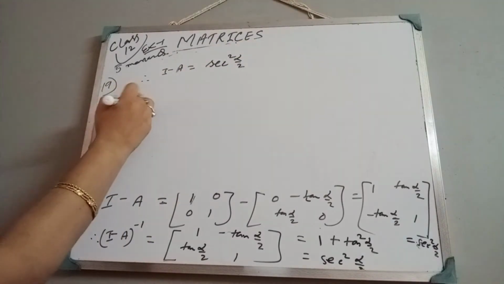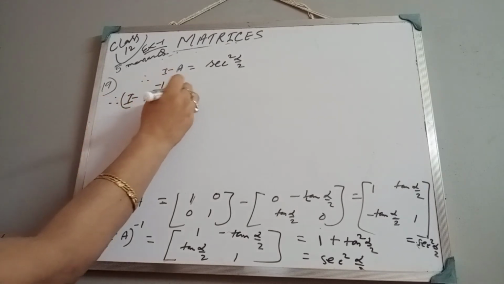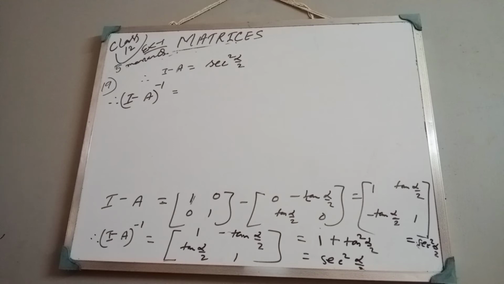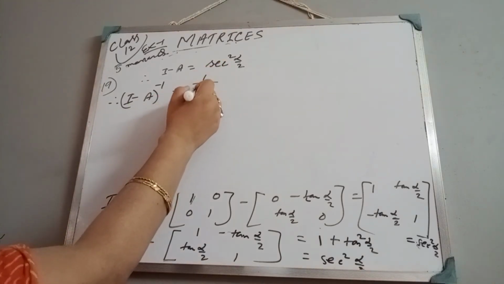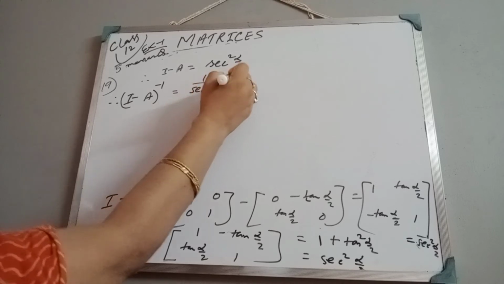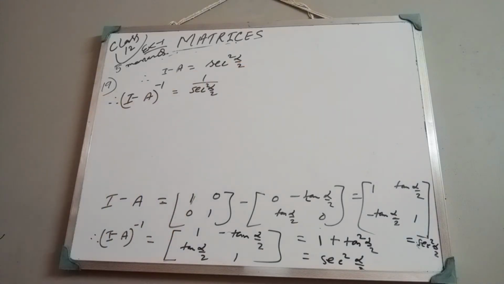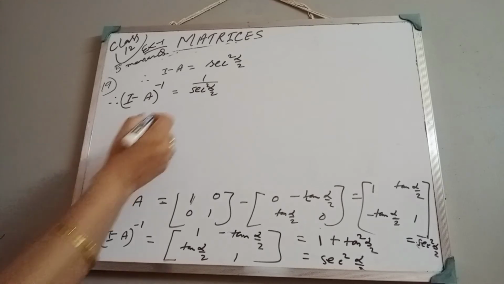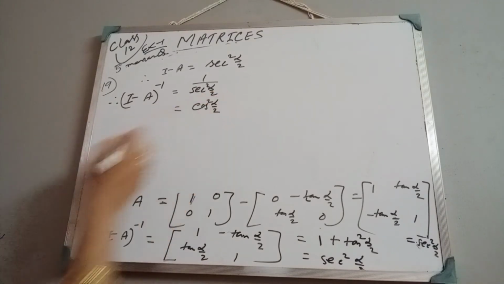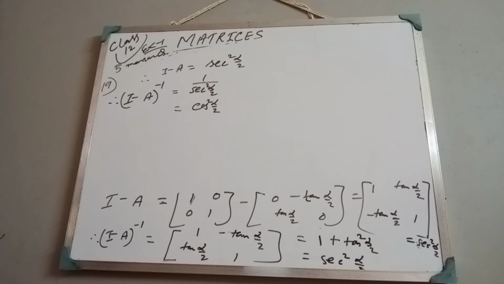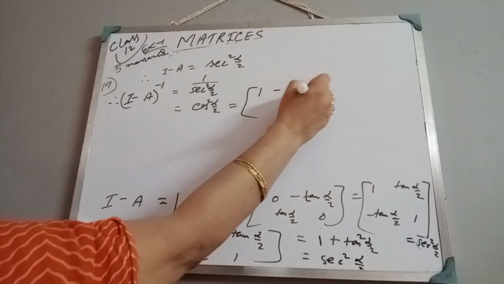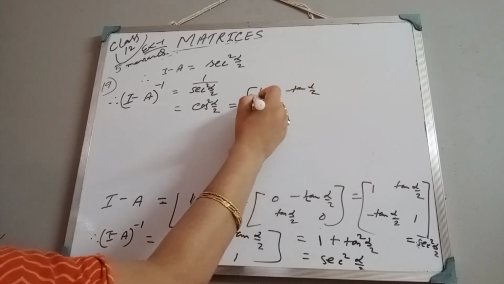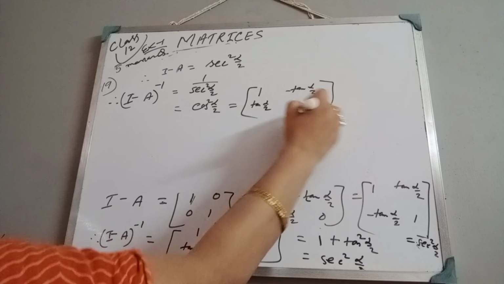Therefore, I minus a whole inverse is equal to 1 by sec square alpha by 2, that is equal to cos square alpha by 2. And that is equal to, I minus a is written already, 1 minus tan alpha by 2, tan alpha by 2, 1.